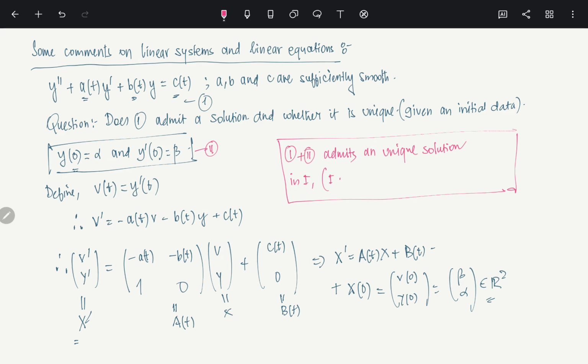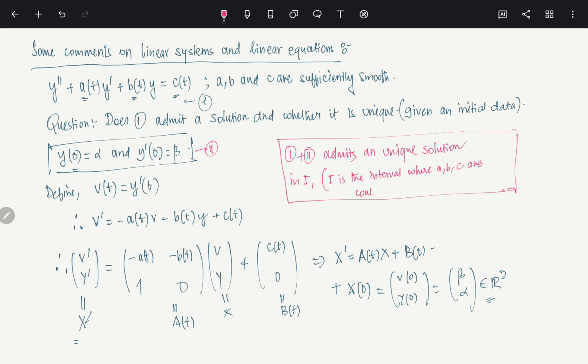I is the interval where A, B, C are continuous. So basically, the common interval where A, B, C are continuous.